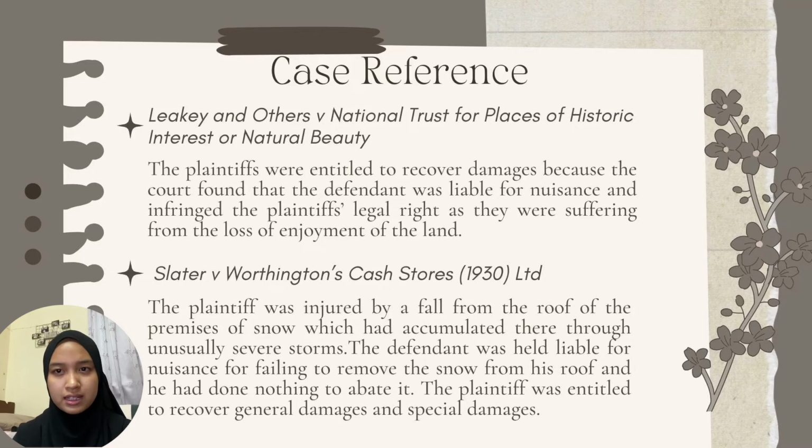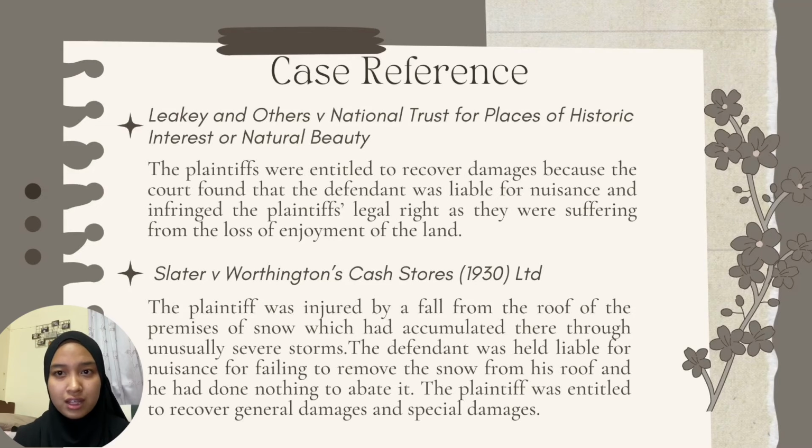The second case is Slater v Nuisance Cash Stores 1930 Limited. What happened in this case is the plaintiff was injured from a fall from the roof of the premises of snow which had accumulated there through unusually severe storms.